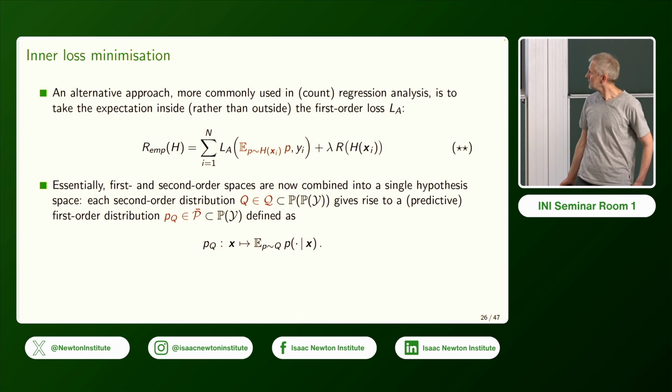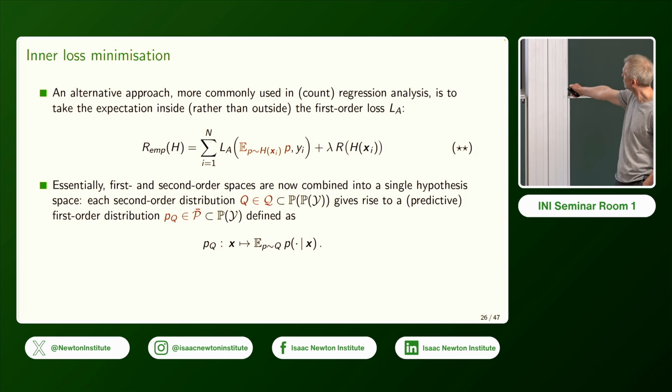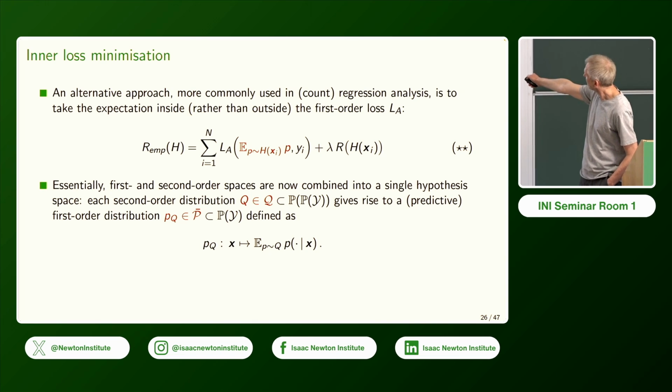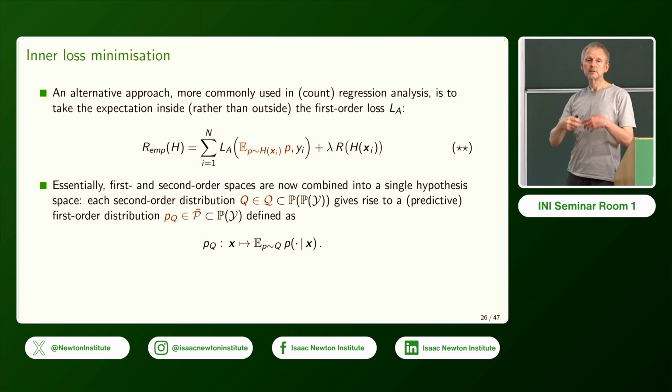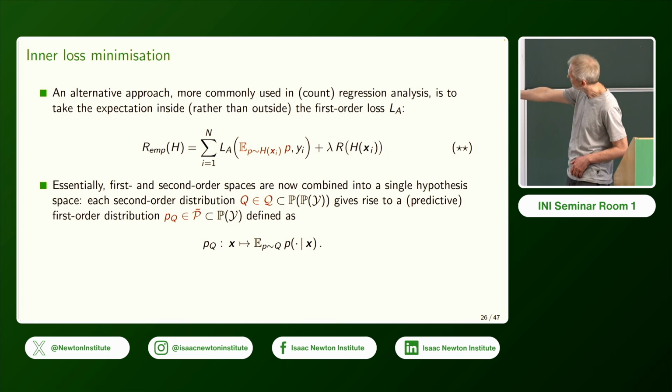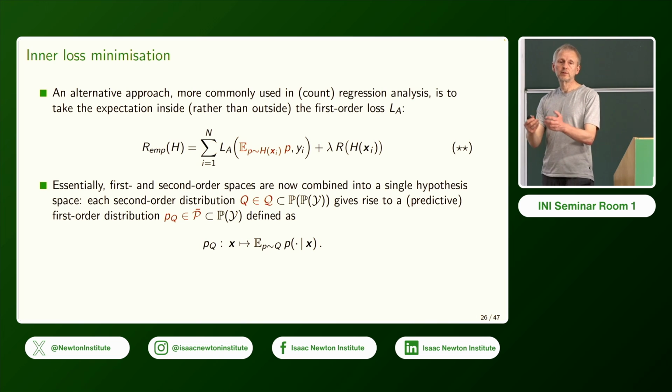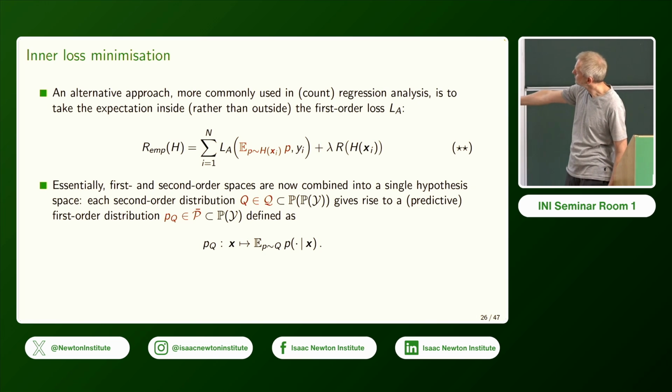And this is exactly what happens. So what you do here is that first and second order spaces are now somehow combined into a single new hypothesis space, because every second order distribution capital Q gives rise to a first order predictive distribution P_Q, if you want, by taking this expectation, which comes from a space of first order distributions P bar, via this mapping here.